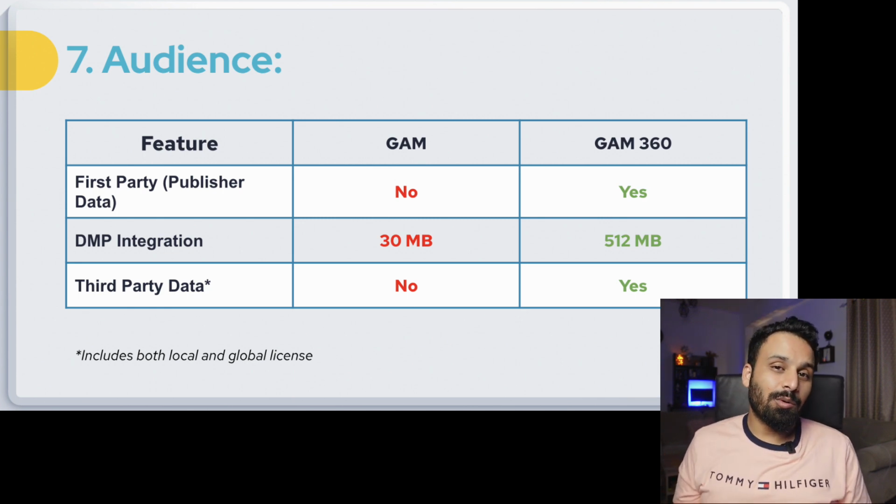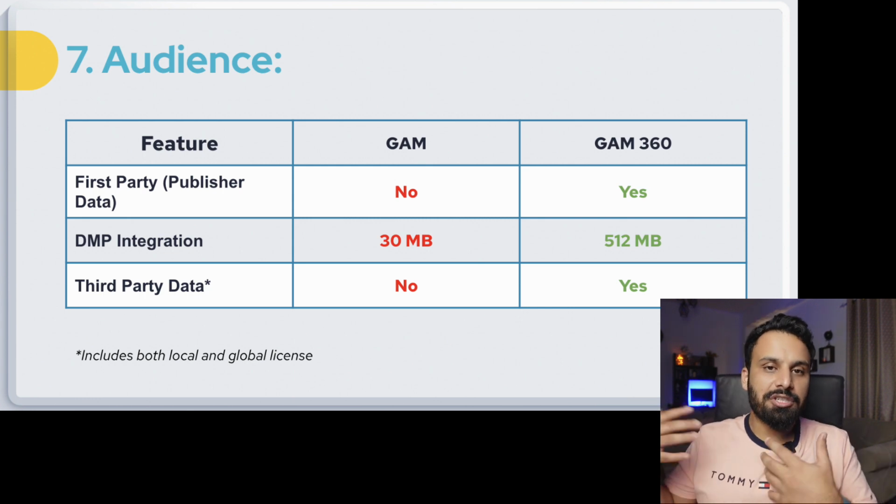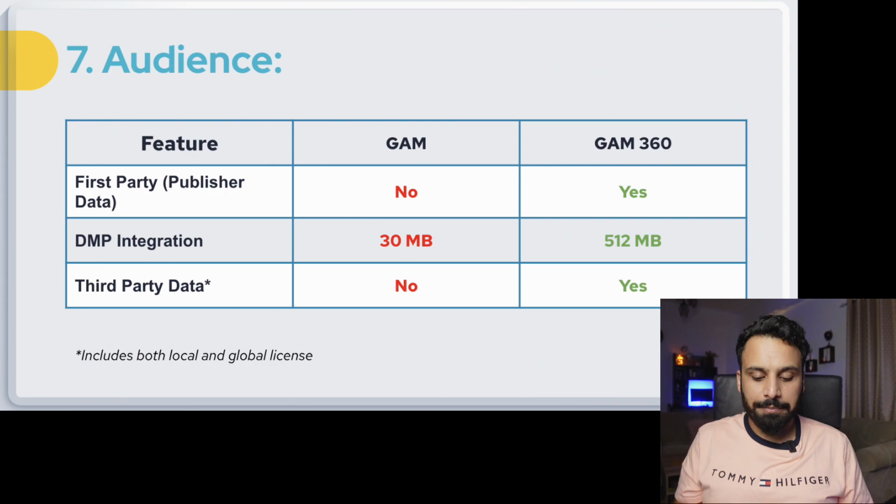You cannot do that in Google Ad Manager, but you can do that in the Google Ad Manager 360 version. And it includes both local and global license, because when these data providers push audience segments to your Google Ad Manager account, they generally have 2 types of license, global and local, which we will explain later. But for now, it's more than enough to remember.